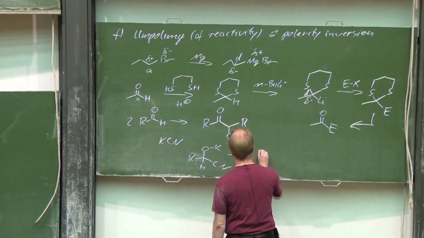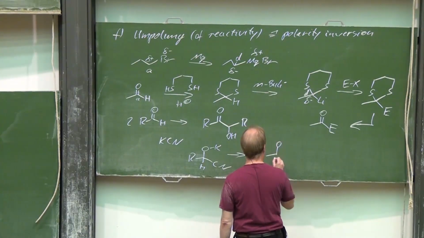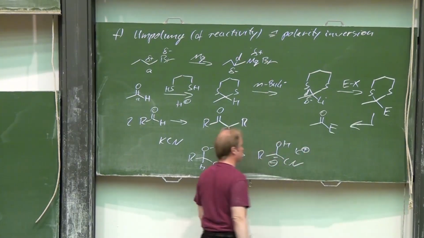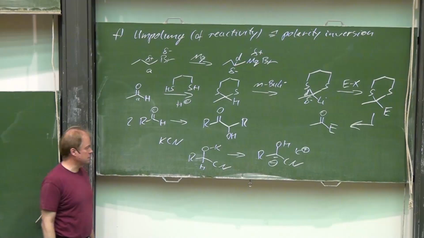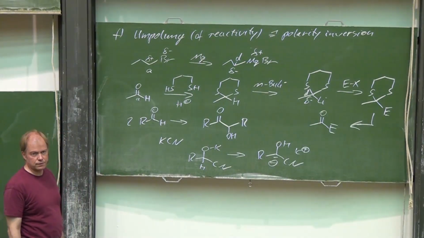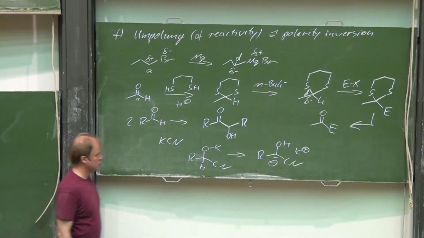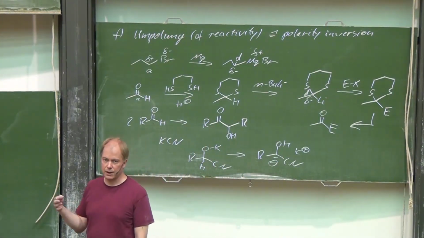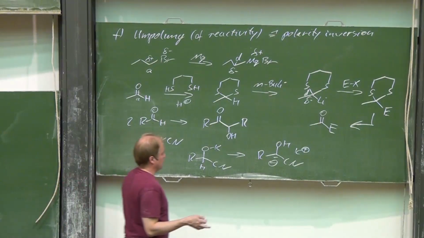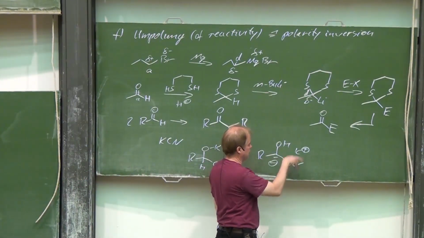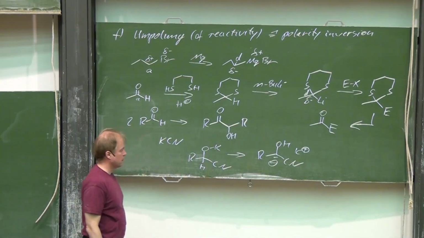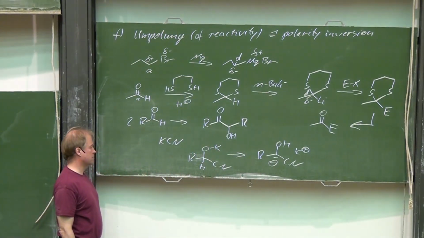And you have then this as a reactive intermediate. You have there the nucleophilic center, it attacks another aldehyde, and finally the retro process will start, and potassium cyanide will be eliminated.